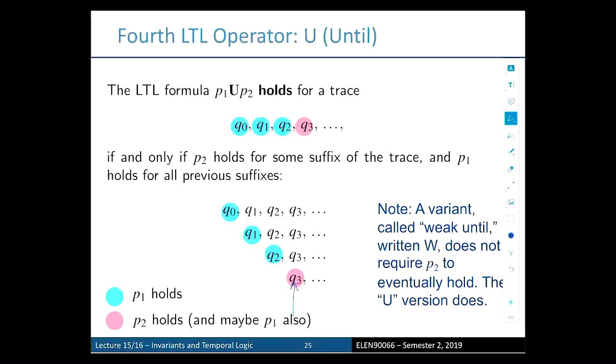For all the previous suffixes, P1 must hold. So P1 keeps holding until P2 holds. It doesn't preclude the fact that P1 might continue to hold. But the statement is about until P2 holds, P1 holds. That's the until operator.